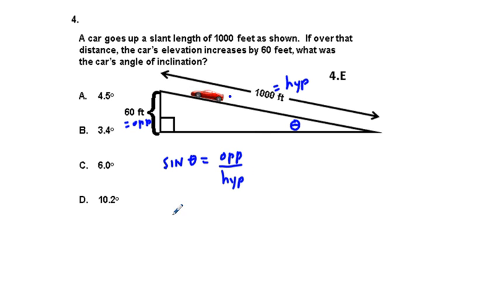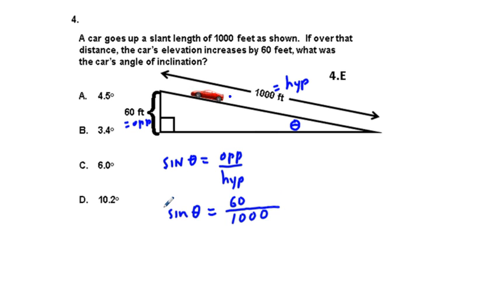And what that is going to be is sine of theta, which we don't know. It's going to be our opposite side, which is 60, over our hypotenuse, which is 1,000. And that's going to simplify to 6 over 100 if we cross out the zeros.